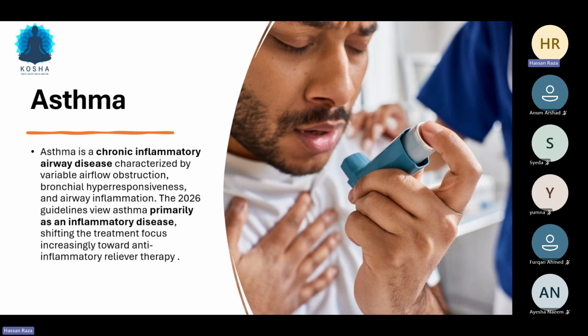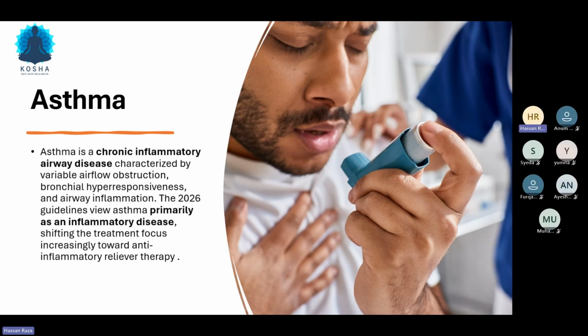What is meant by variable airflow obstruction? Basically, these asthma patients have paroxysmal attacks, meaning they have sudden attacks of shortness of breath, dyspnea, and they have hypersensitivity of their bronchi, obstruction, and airway inflammation.